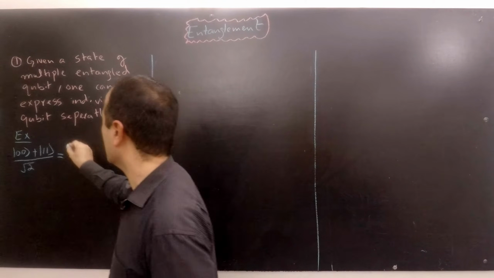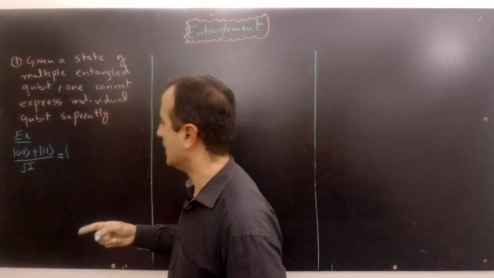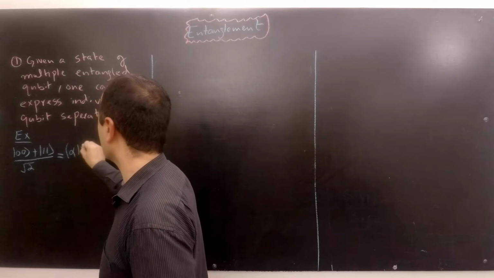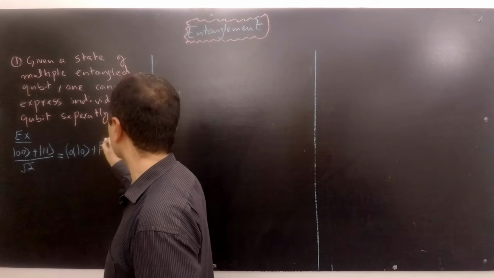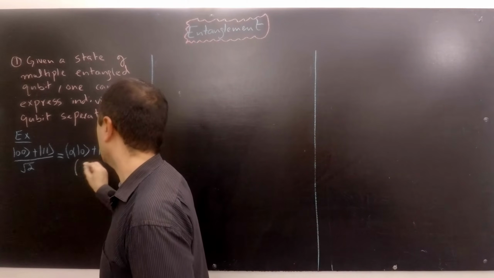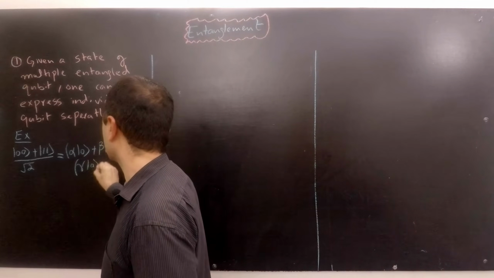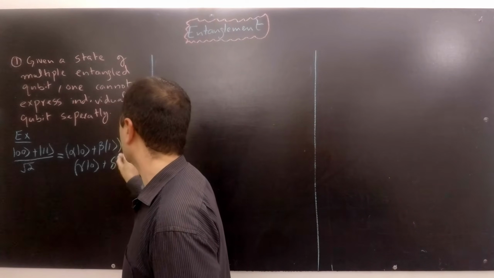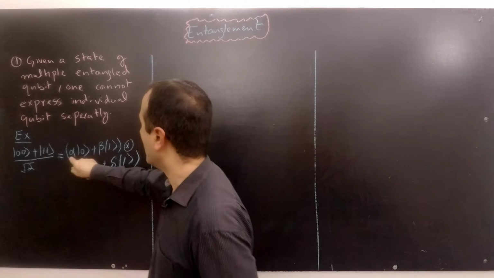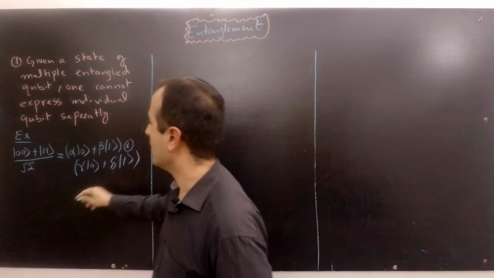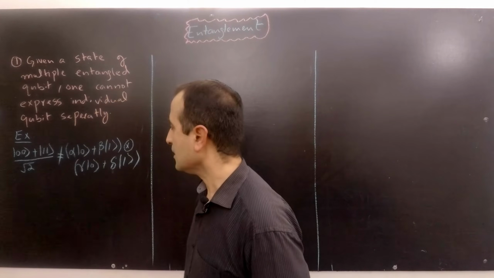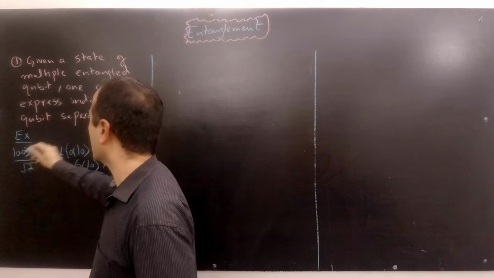So I cannot find values of alpha, beta, gamma, delta such that the first qubit is alpha ket 0 plus beta ket 1, and the second qubit is gamma ket 0 plus delta ket 1. That means there is no value of alpha, beta, gamma, delta where the left hand side is equal to the right hand side. So in this case we say these qubits are entangled.